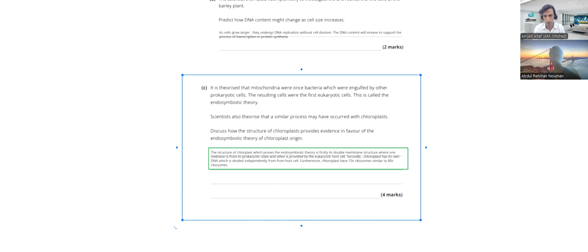Secondly, the chloroplast has its own DNA which is divided independently from the host cell. Furthermore, chloroplasts have 70S ribosomes, similar to bacterial cells, such as bacteria for protein synthesis.